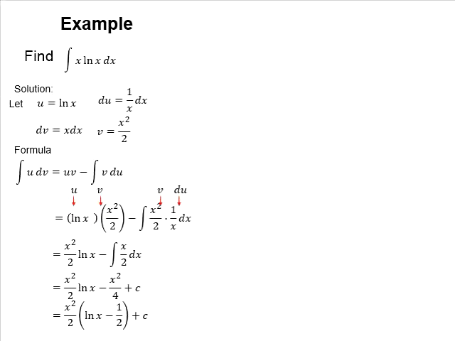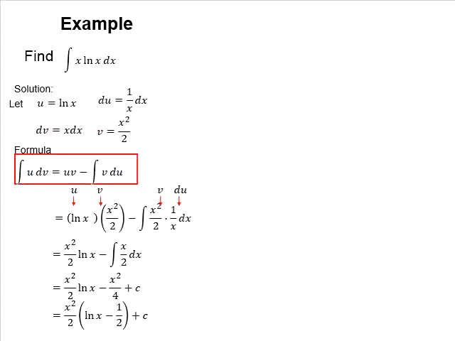With that, we will set u equals ln x. Differentiate ln x, you get 1 per x dx. The remaining will be dv. Integrate dv, you get v.